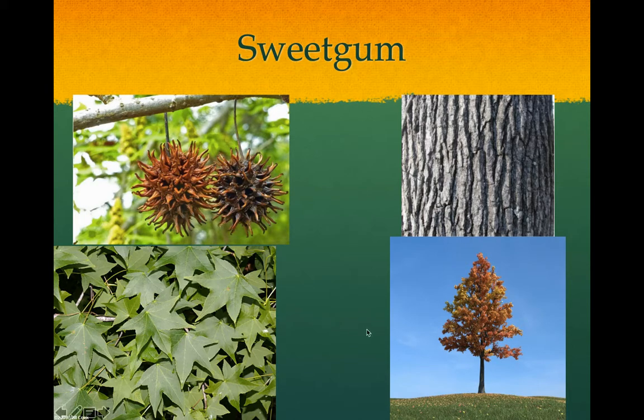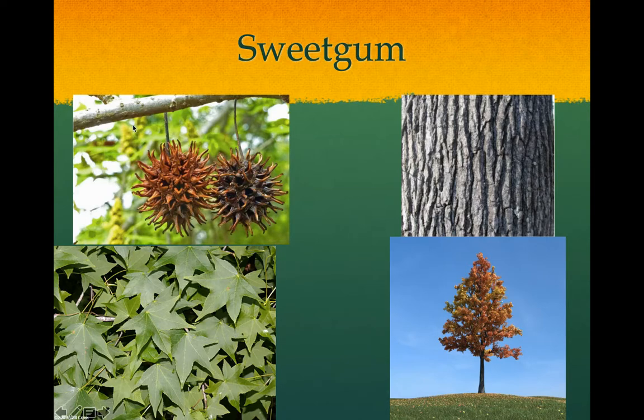So the sweet gum just looks like any other non-assuming tree, but it has these really distinctive star-shaped leaves. So it's really easy to identify as compared to a lot of other trees. The thing that makes me not like sweet gums is these.